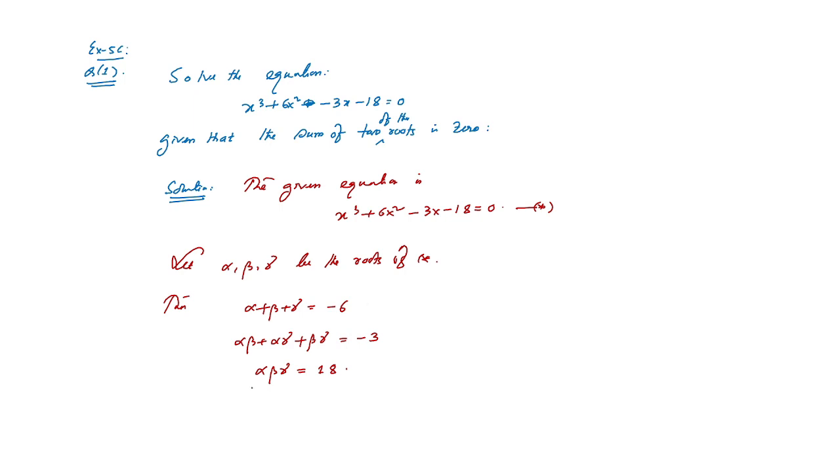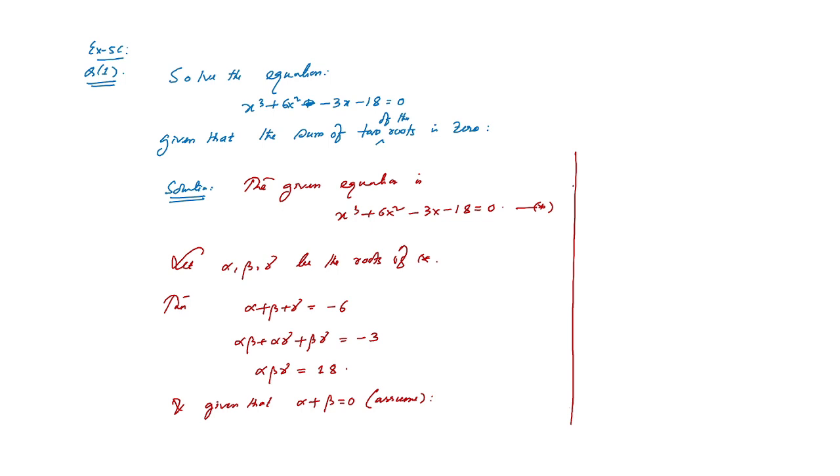Now it is given that the sum of two of the roots is 0. So according to the given condition, we consider alpha plus beta equals to 0. You can consider beta plus gamma equals to 0 or alpha plus gamma, no matter. So now how to solve this problem?